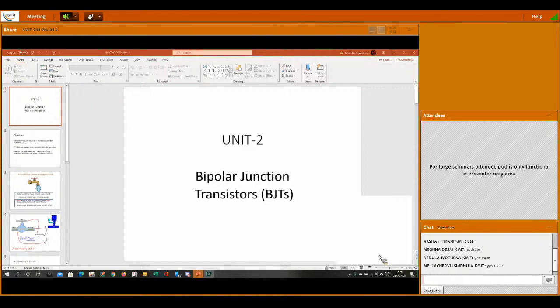Let me start here. Unit 2. Actually, in the last class, we just introduced a brief introduction about bipolar junction transistor. Now, we are going to discuss the transistor configuration.